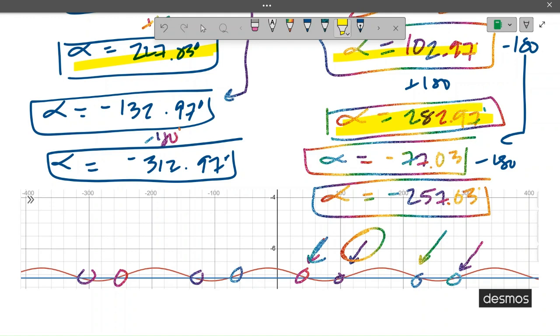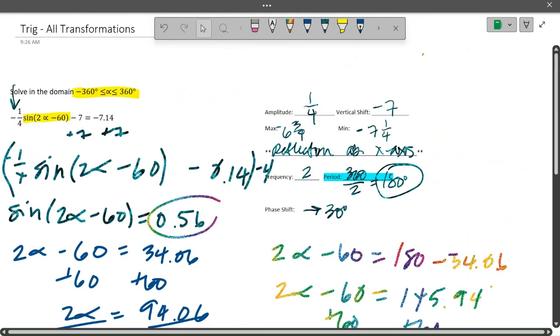Okay, and now if we come back to these two values and start deducting, we end up with all of these values, right? That's why when we solve in this way, it works from a graphical standpoint.